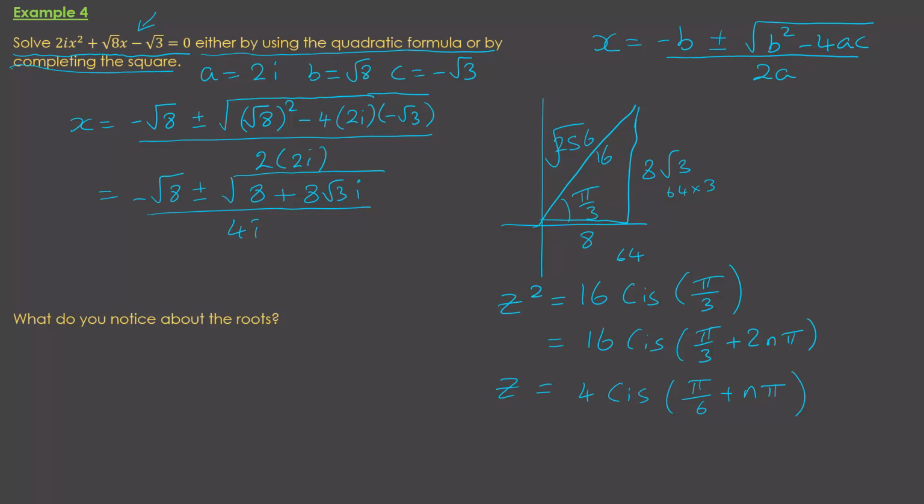That means that one of the solutions will be 4 cis pi by 6, and the other one will be 4 cis, take n equal to negative 1, and it will be negative 5 pi by 6.